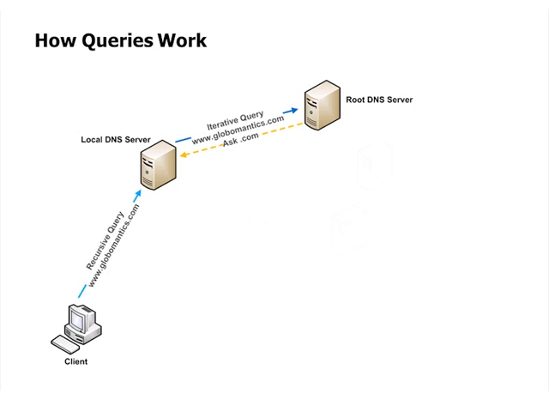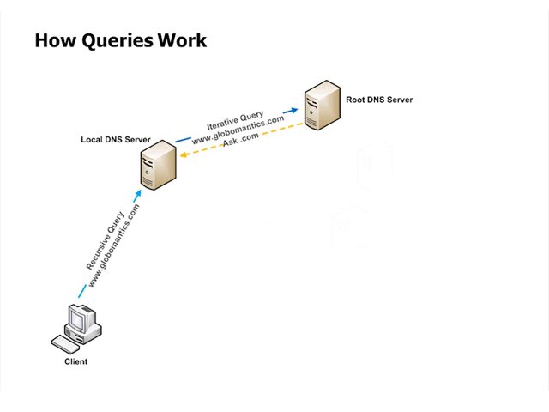And the root DNS server is going to say, no, I don't know, because in an iterative query, it's just going to give an answer of what it knows or does not know. But I see that in your hierarchical DNS name there, you have a .com at the end. And I do happen to be aware of a DNS server that is authoritative for the .com domain. So here's the IP address for that DNS server. Go ask that server for the IP address that you're looking for.